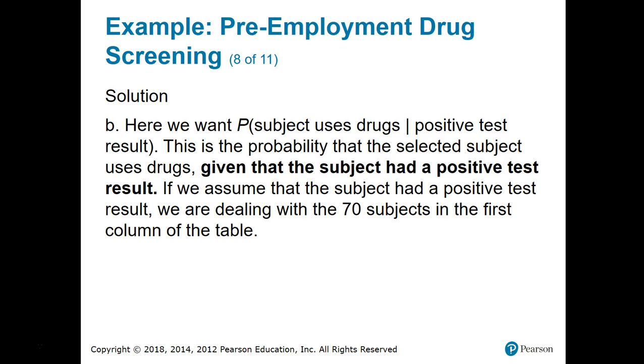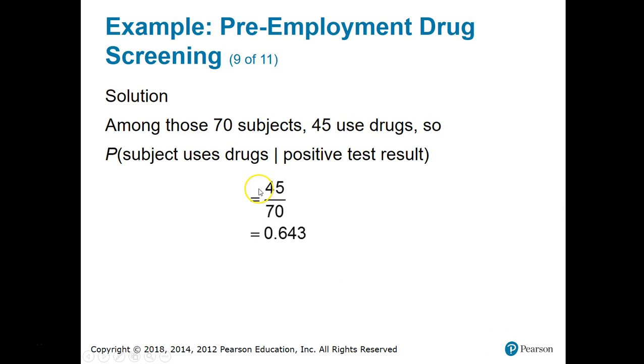What are the chances that the person uses drugs? Instead of P of A and B over P of B, it's going to be P of A and B over P of A. It's going to be 45 over 70, so that's going to be 0.643. So if you got a positive test result, you probably do drugs, but not a high probability. Nothing I would bet the house on. 0.643.